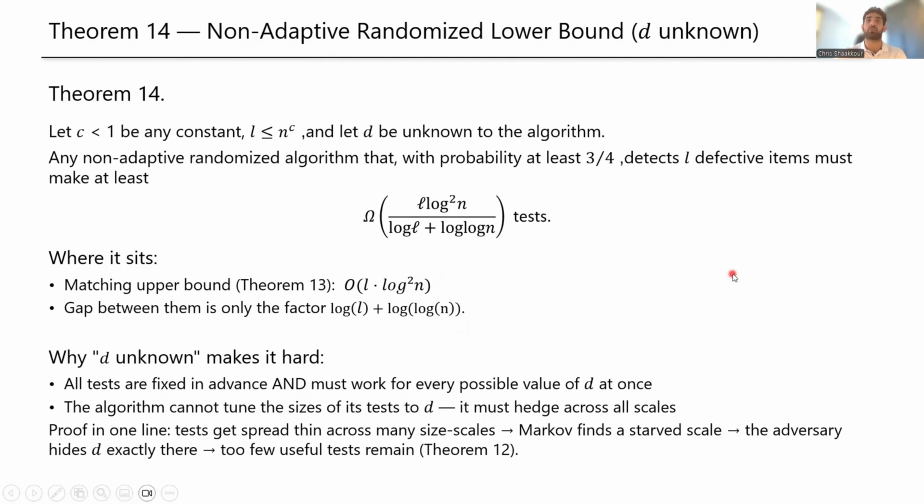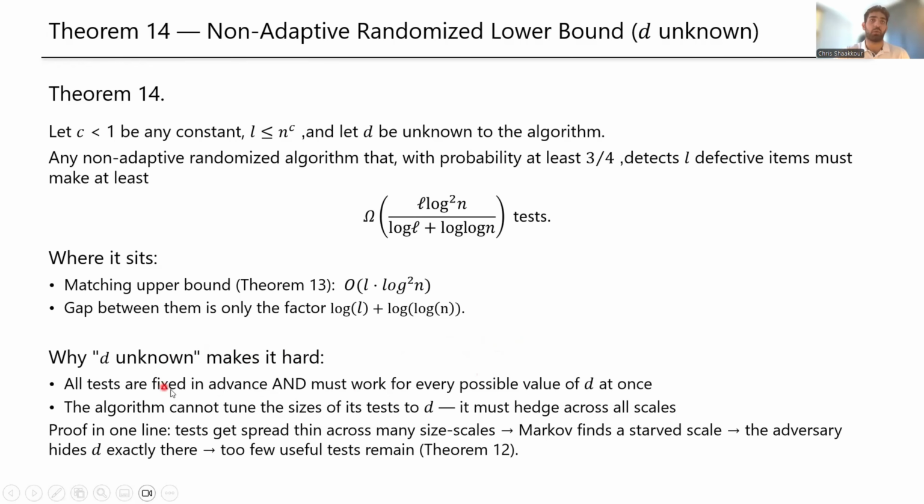One thing is that why D is unknown makes it hard: all tests are fixed in advance and must work for every possible value of D at once. So if the tests are fixed, we must work for every possible value of D, but D is unknown, so we can't use fixed tests, and the algorithm cannot tune the size of its tests to D. It must hedge across all scales.